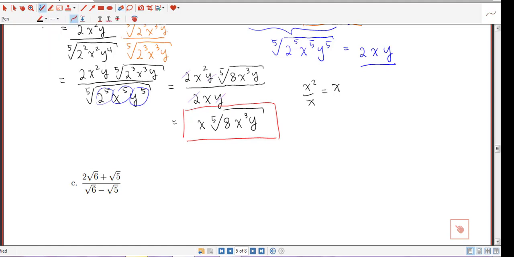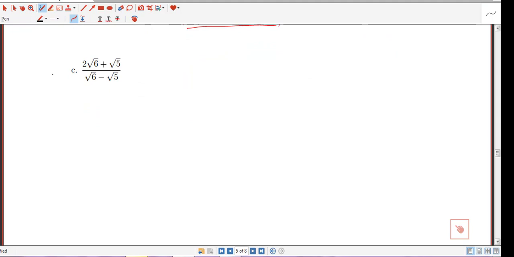All right, next problem. You're still rationalizing the denominator, so in this case the trick is to multiply the top and the bottom by the conjugate of the denominator. So you're going to have to multiply the top and the bottom by square root of 6 plus square root of 5.